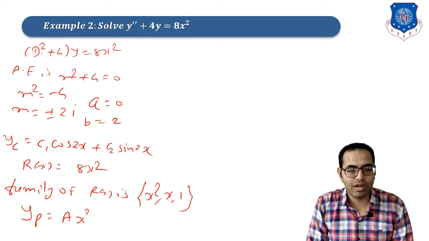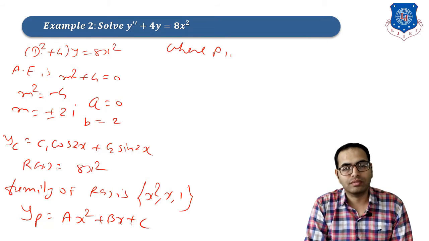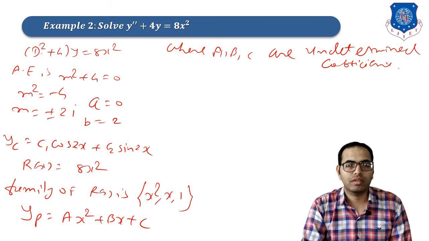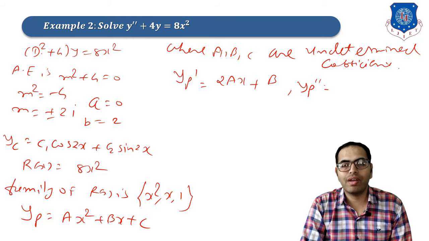Then our yp is equal to ax square plus bx plus c, where a, b, c are undetermined coefficients. Now the derivative of that particular term is 2ax plus b, and again the derivative is 2a.